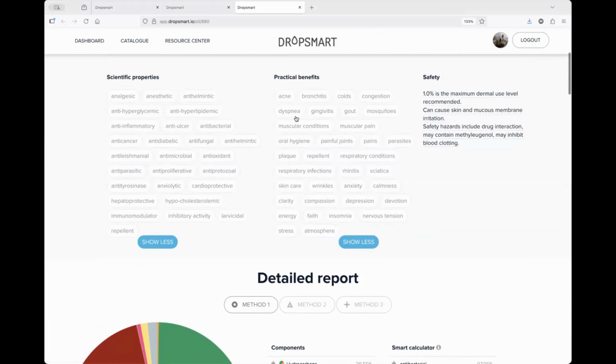Now look at the practical benefits. This is the thing that interests me the most. I think a lot of our information in books comes from how we used to use the plants, not so much essential oils. So if you look at the research, it adds up better than when we look at the practical benefits, because I wouldn't really recommend this for acne.